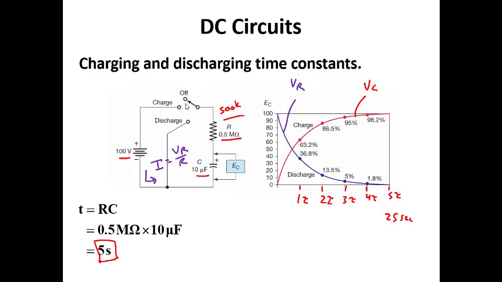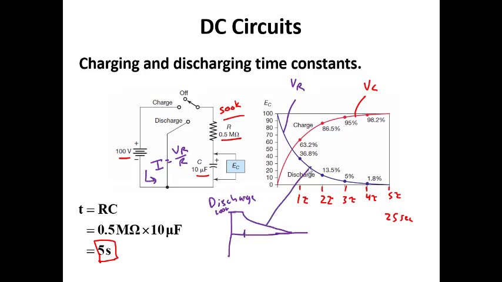If we connected the circuit and went to discharge, what would happen is the voltage across the capacitor would equal the voltage across the resistor, and we would see it discharge. So if we were on discharge, what we would see is as soon as we hit the switch, we would be at, let's say, 100 volts. As soon as we hit the switch, we would get a graph that looks like this.